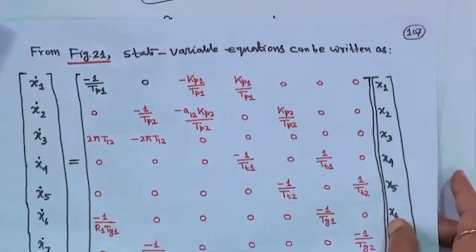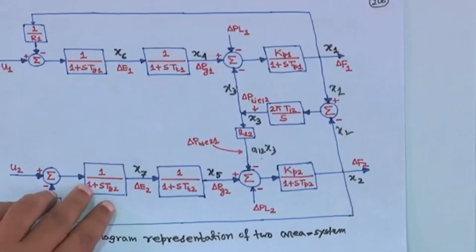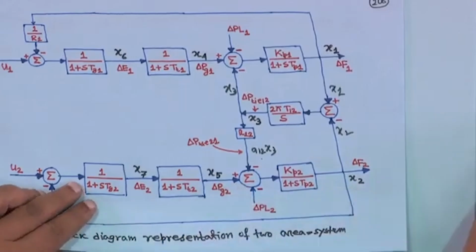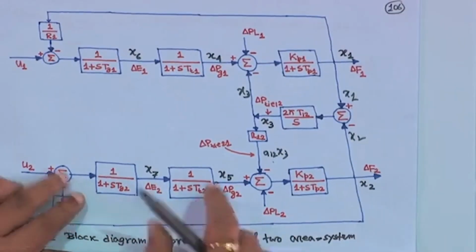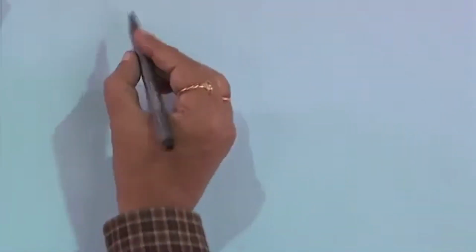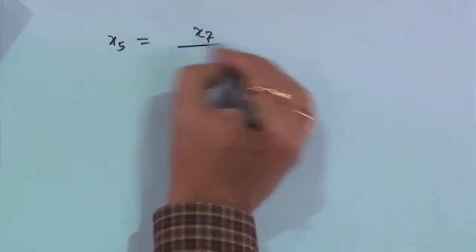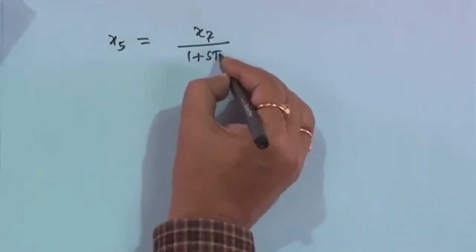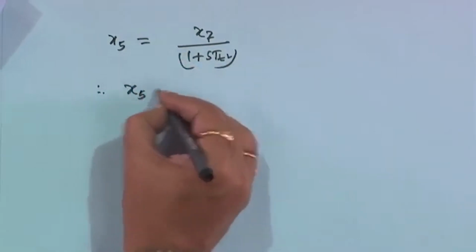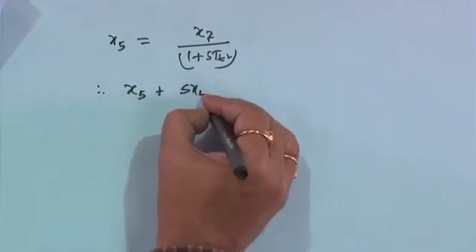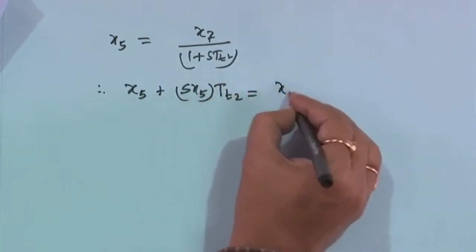Next you consider x5, right, that is this one. Similarly you can write x5 is equal to x7 upon 1 plus s TT2. That means x5 is equal to x7 divided by 1 plus s TT2, then cross multiply. So, it will be x5 plus s x5 TT2 is equal to x7.